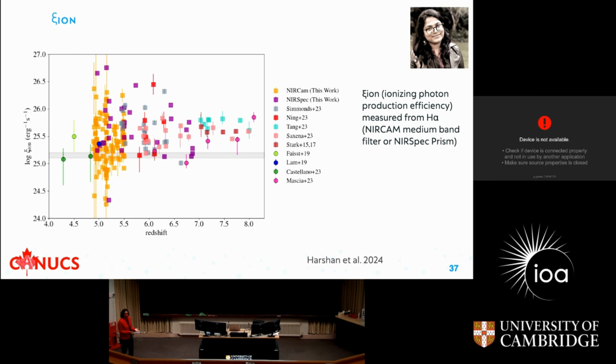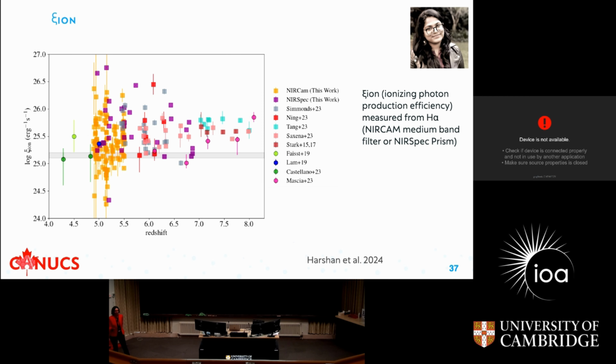We also do Xi-ion. Anisha, before you stole her from me, has worked on Xi-ion. This is Xi-ion from a single field with CONOX, but we are doing this now for all the fields. So why measure Xi-ion? Of course, people working in these fields would know exactly why.